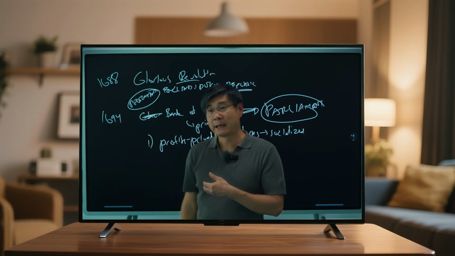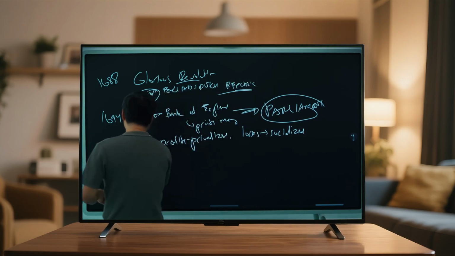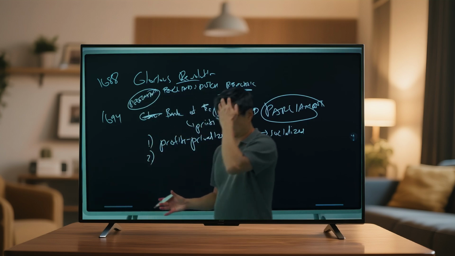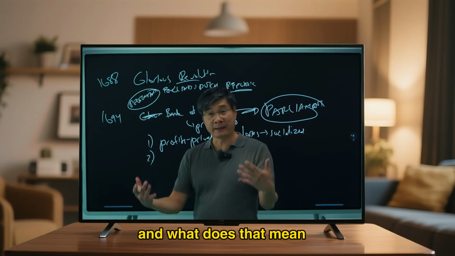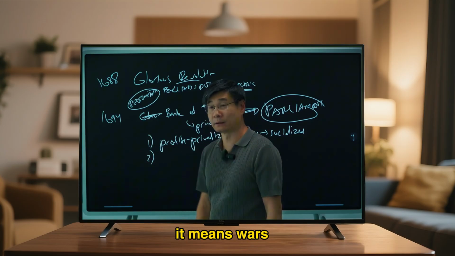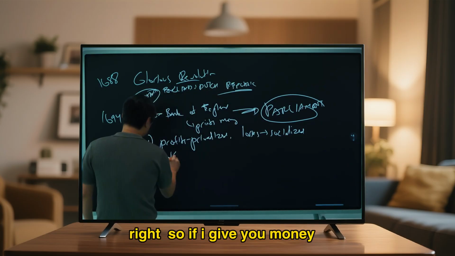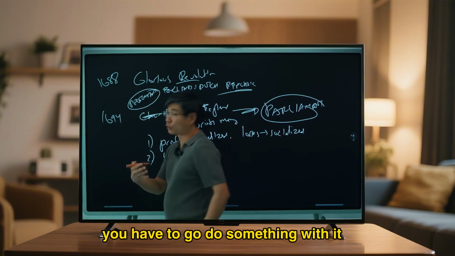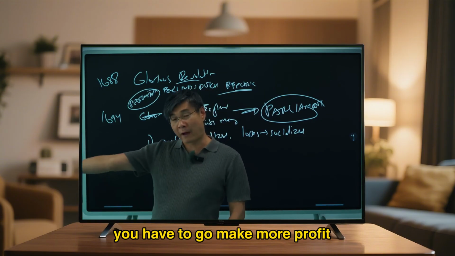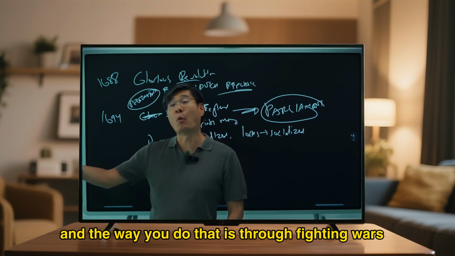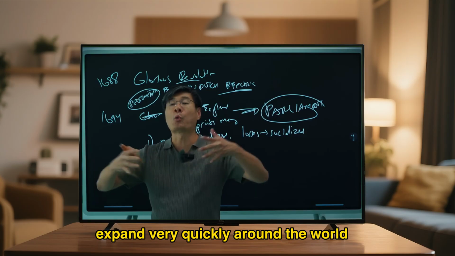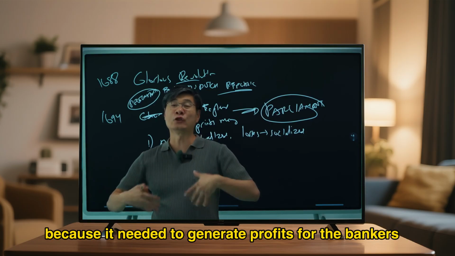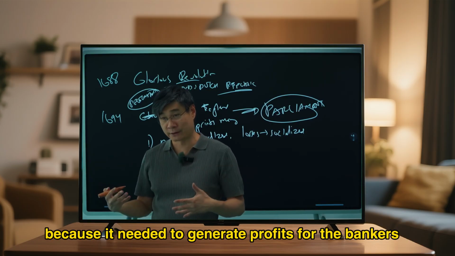That's the first thing. The second thing is, in this system, the way you generate wealth is through activity. And what does that mean? It means wars, right? So if I give you money, you have to go do something with it. You have to go make more profit. And the way you do that is through fighting wars. And that's why the British Empire started to expand very quickly around the world, because it needed to generate profits for the bankers.